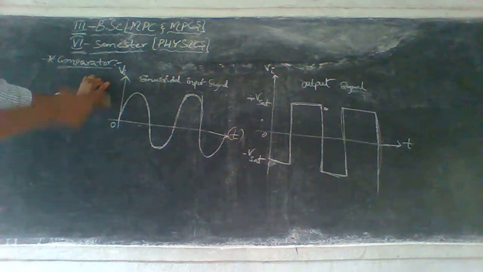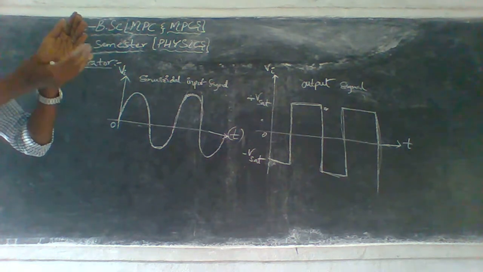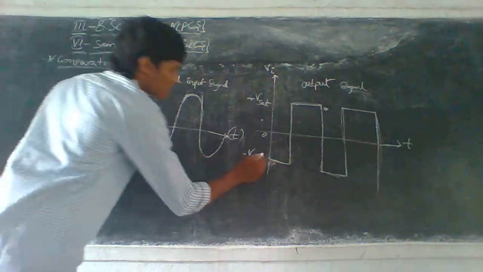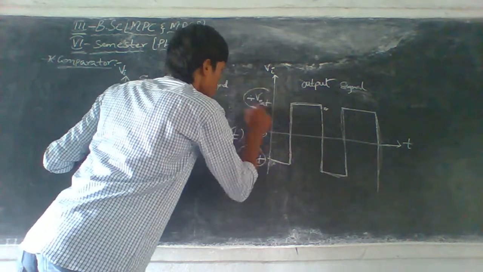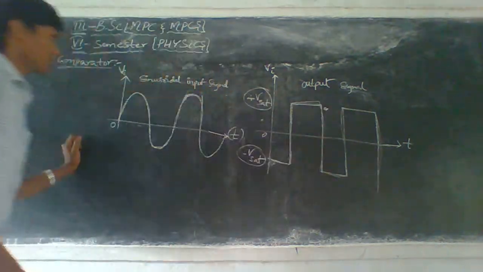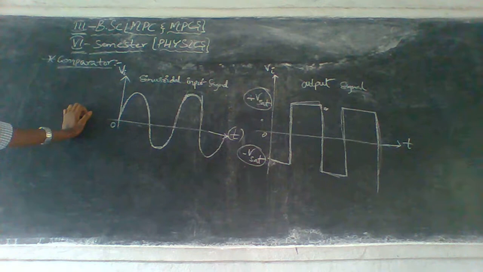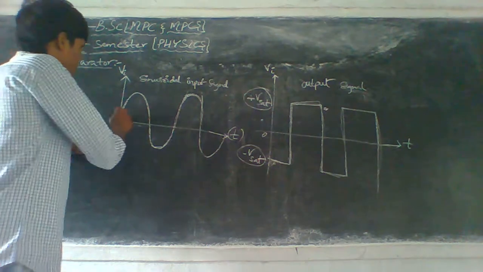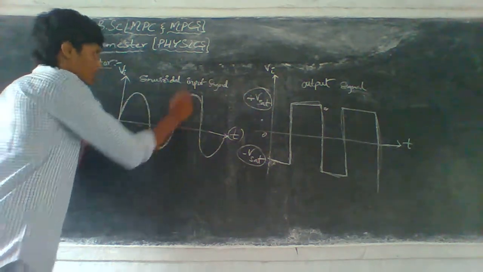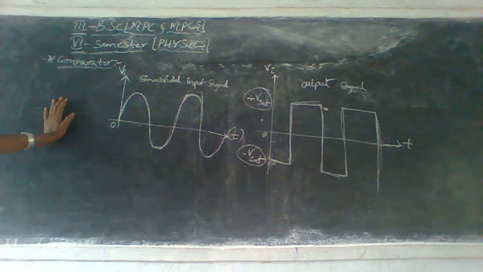So here in this figure we can observe that the output transitions either from minus V sat to plus V sat, or from plus V sat to minus V sat.